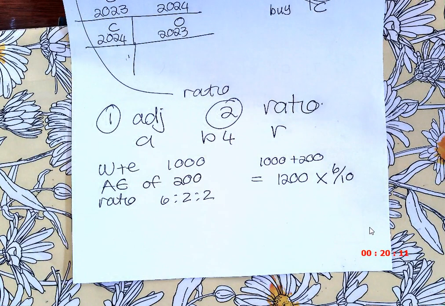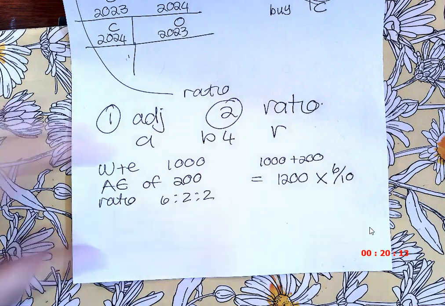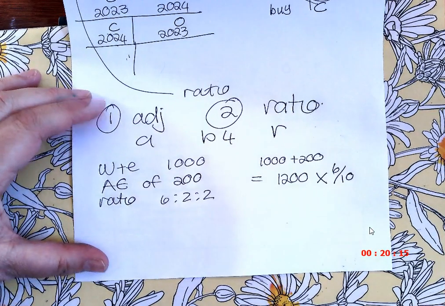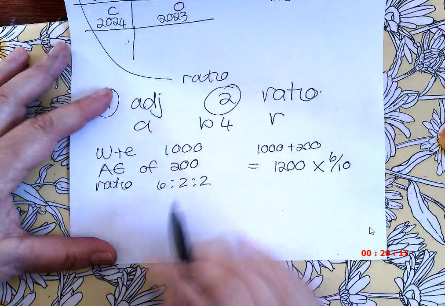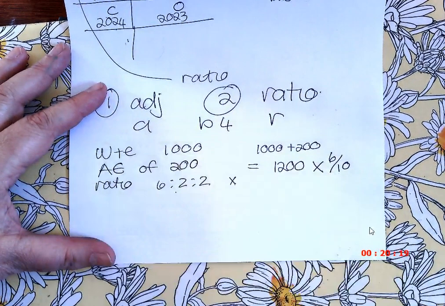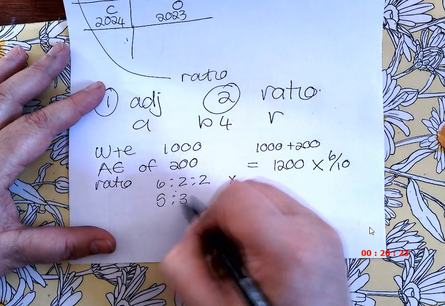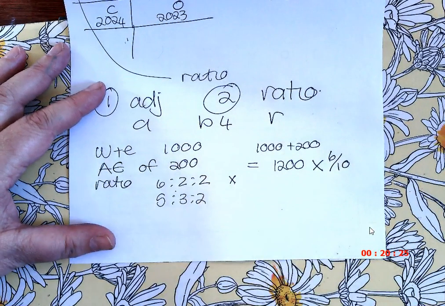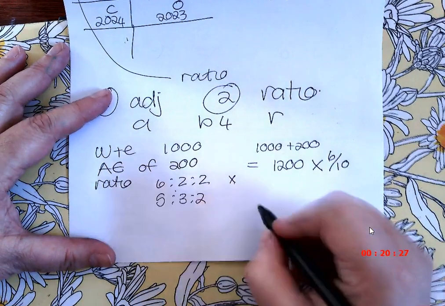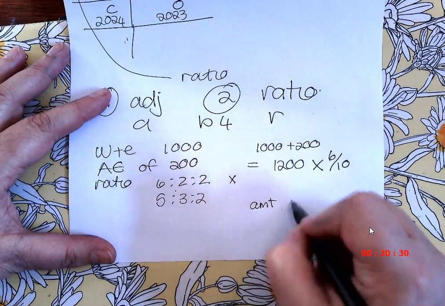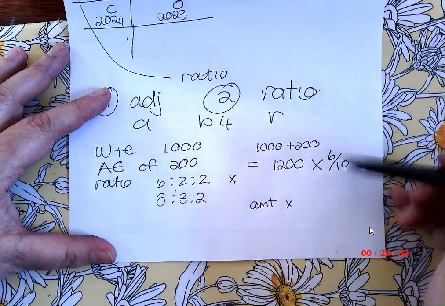But what if they make an error on the ratio? Okay, if they make an error on the ratio, you need to work it back. So let's say this is how we ratioed, but it's the wrong ratio. It should have been 5 to 3 to 2. Then what do you do? You take the amount, you're going to reverse it.